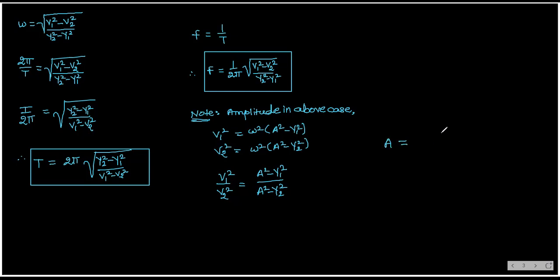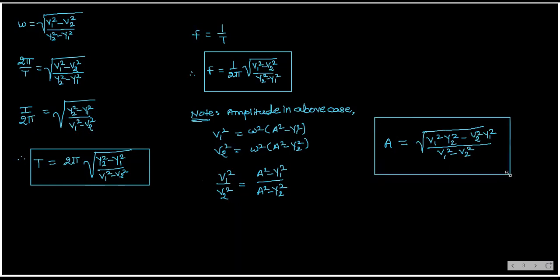A is equal to under root of (v1 square y2 square minus v2 square y1 square) divided by (v1 square minus v2 square). Just keep this formula in mind. That is for amplitude. Nobody will ask you to derive the expression.